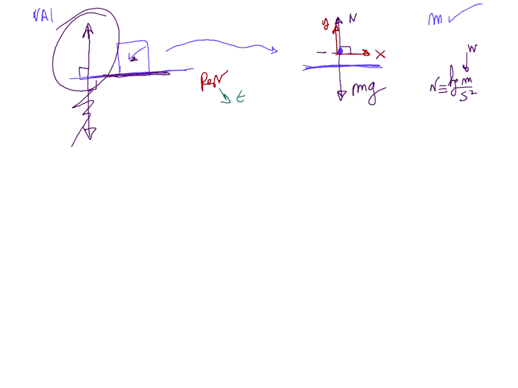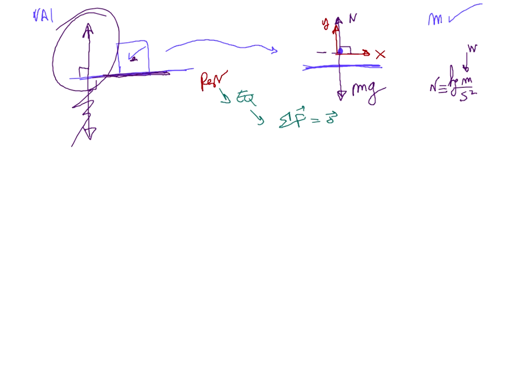Therefore, it's at equilibrium. Therefore, we can use the first law. Based on our coordinate system, we only have to apply this first law along the y-axis, because there are only forces on the y-axis.